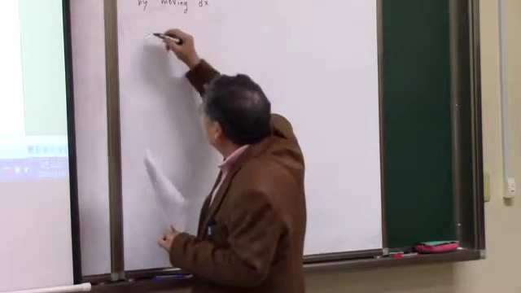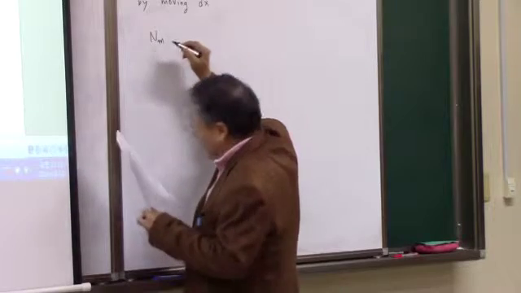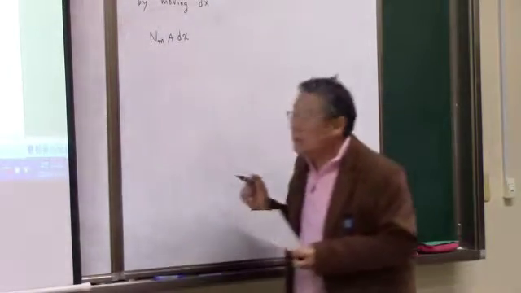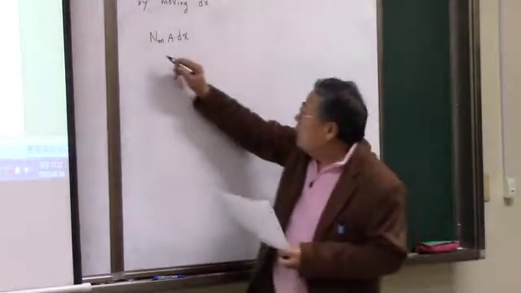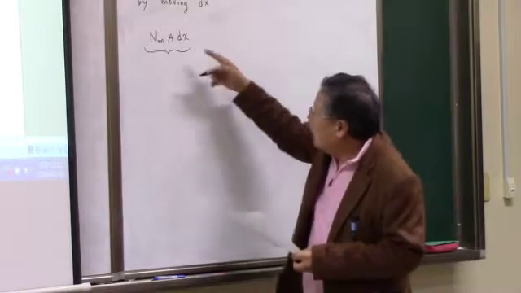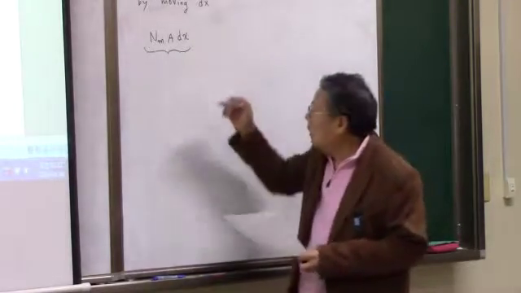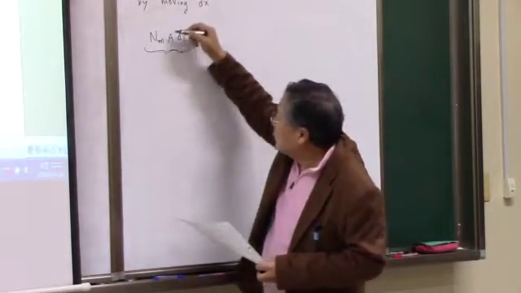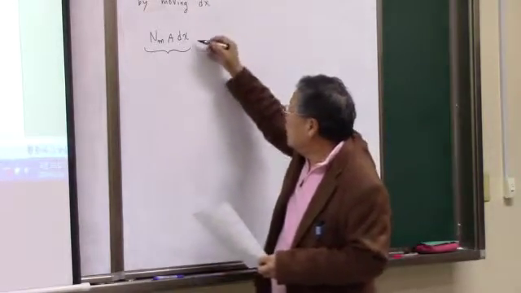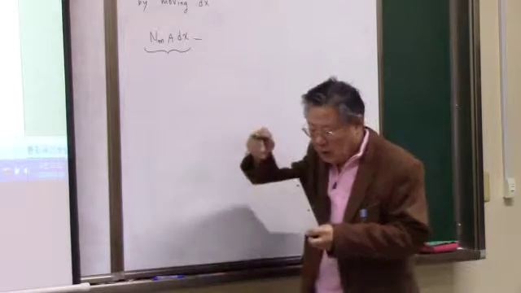the number of dopant atoms incorporated into the molten zone is this much. A is the area and dx is the moving distance. So basically A dx is the volume that has been incorporated into the liquid.